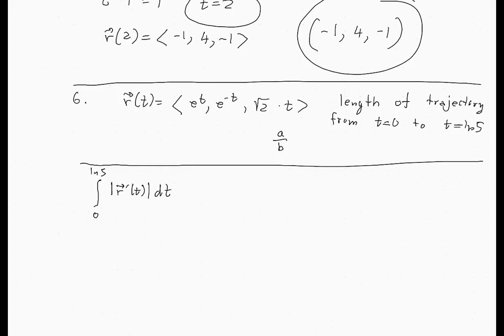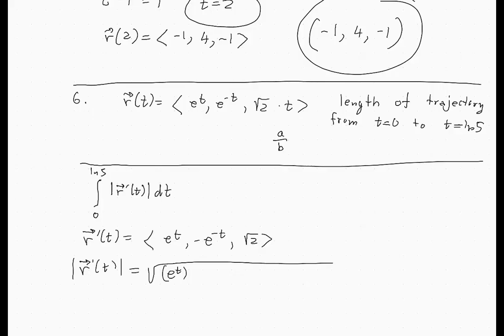So we start with the derivative. The derivative is (e to the t, minus e to the negative t, square root of 2). And we take the magnitude of this, which is e to the t all squared plus negative e to the negative t all squared.